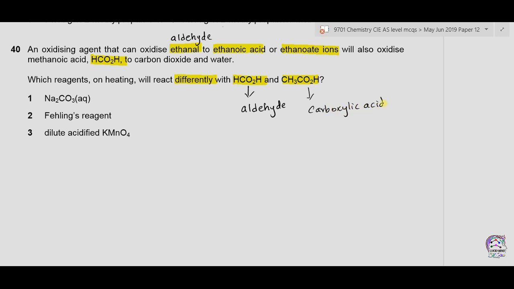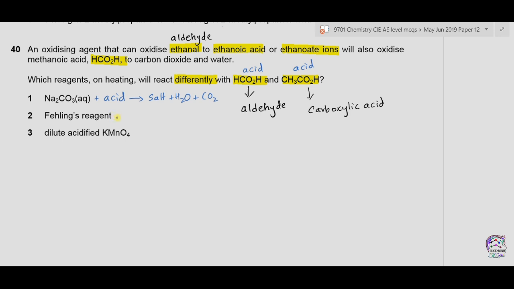One, we have sodium carbonate, as we know that carbonate reacts with acid to form salt and water, along with the production of carbon dioxide gas. As this is carboxylic acid, this is also carboxylic acid, so both will give the same result.